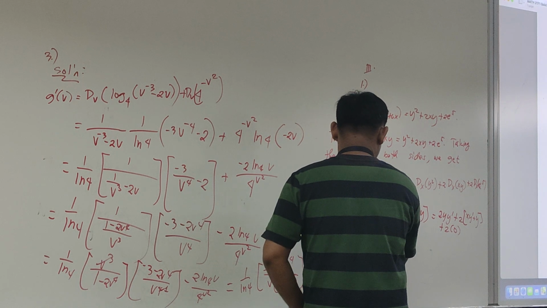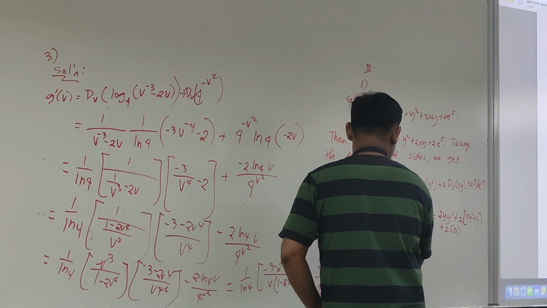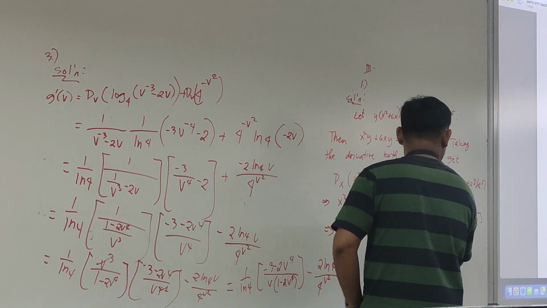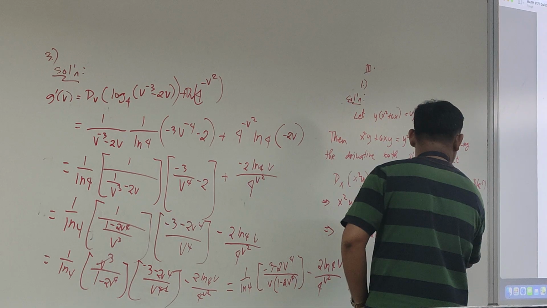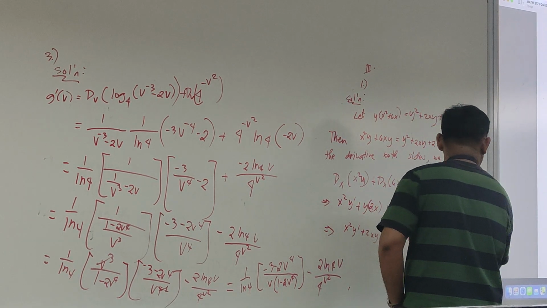So we have x squared y prime plus 2xy plus 6xy prime plus 6y is equal to 2y prime plus 2xy prime plus 2y plus 2.